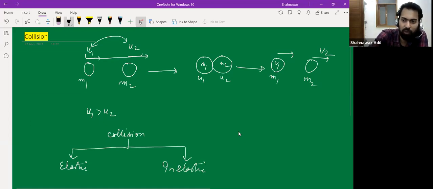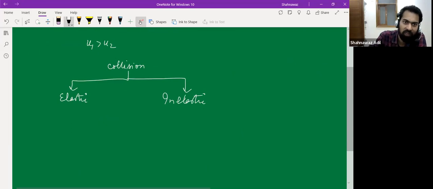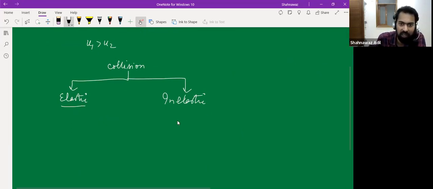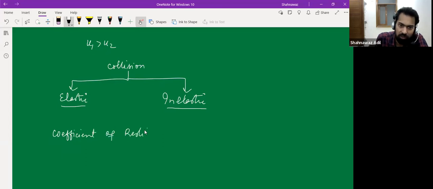What factor decides the elasticity of the collision? There is a factor which is called the coefficient of restitution.